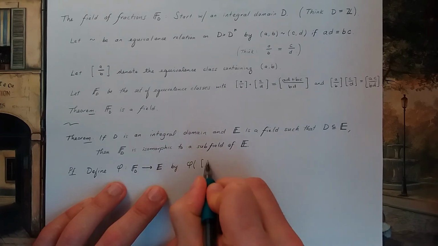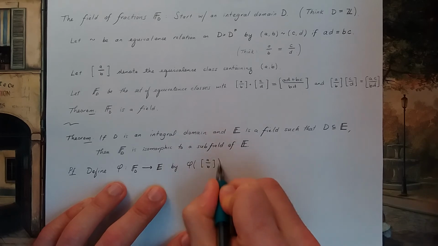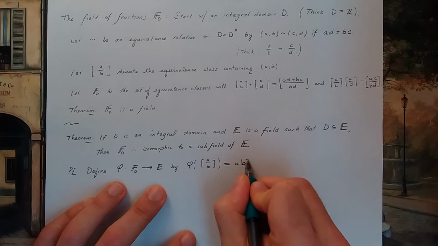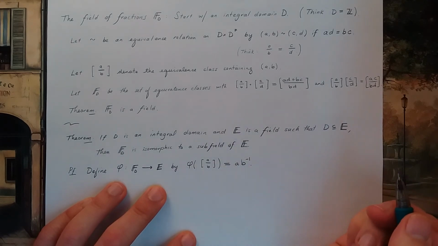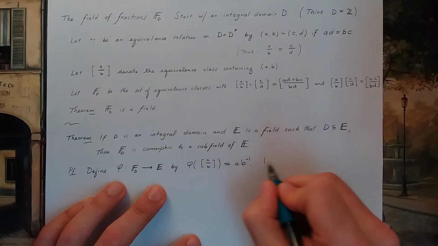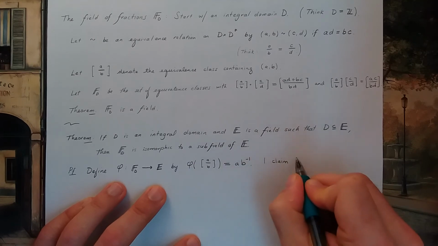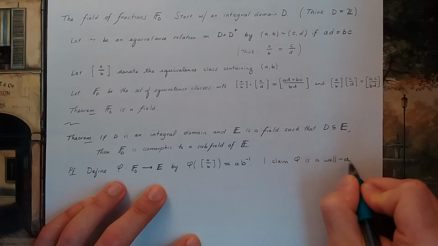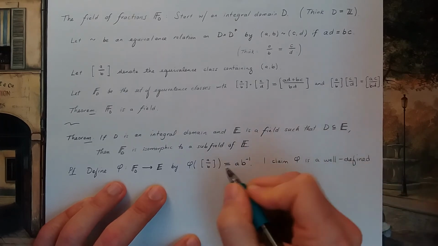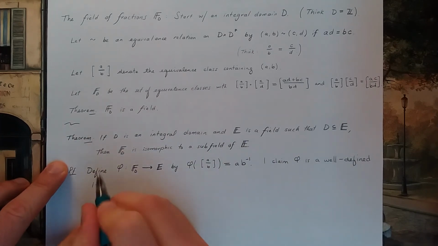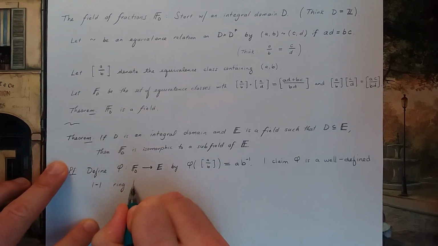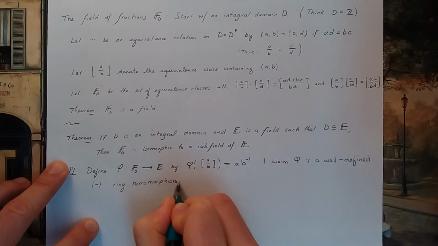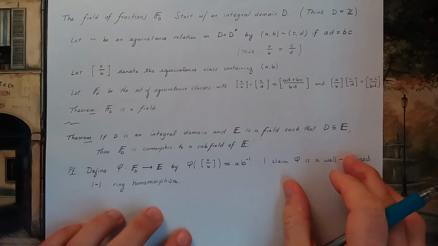I'm going to send the equivalence class containing A over B to A B inverse. I claim that this is a well-defined, one-to-one ring homomorphism. That would prove the theorem.